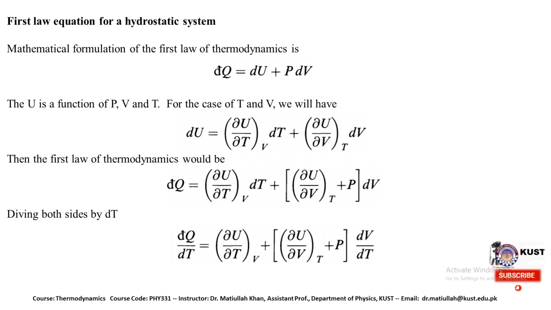We have just rearranged the same equation and divided both sides by dT. So we get dq/dT = (∂U/∂T) at constant volume plus [(∂U/∂V) at constant temperature plus p] dV/dT. This is the modified equation.